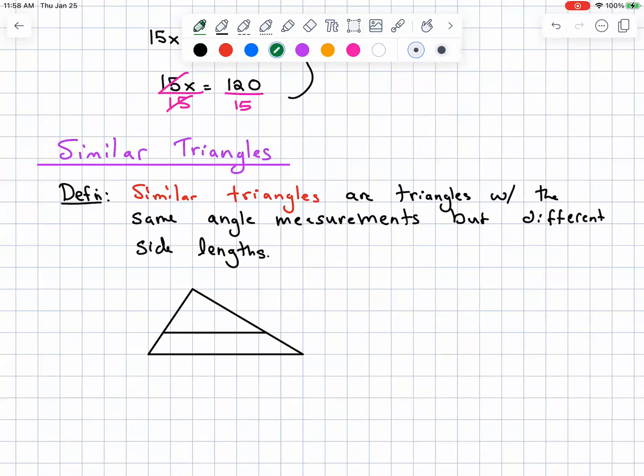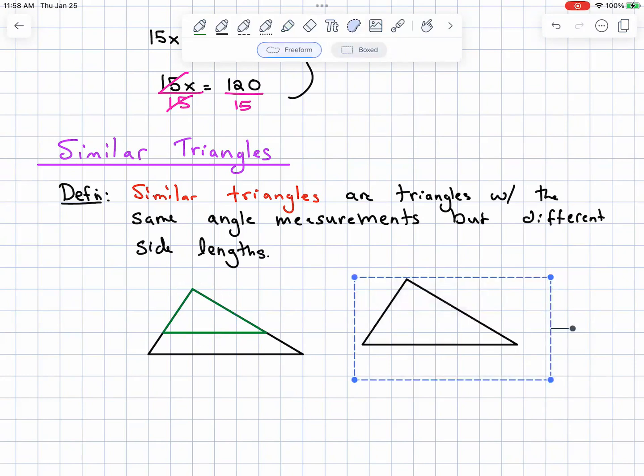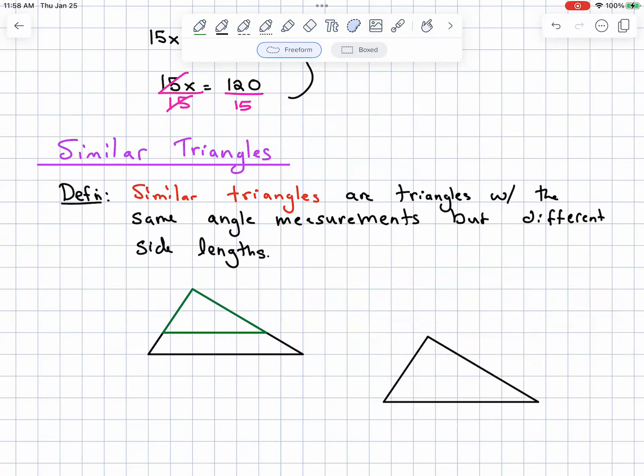You have this one right here, and then you also have this one, a partial.